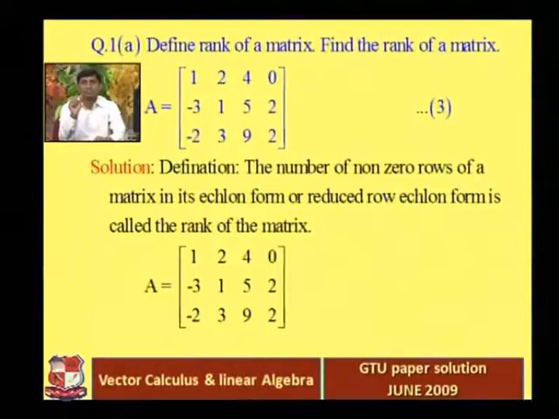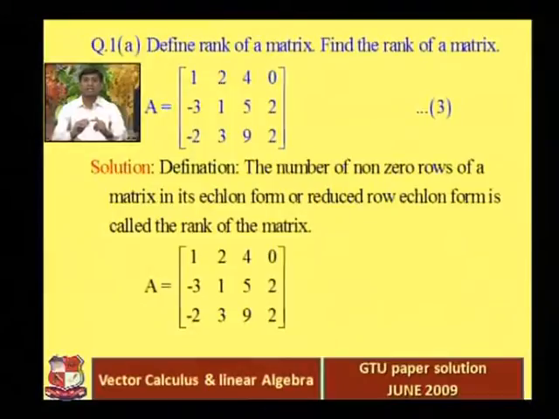The first condition is about the leading entry. Now what is the meaning of leading entry? The leading entry means the first non-zero element in any row, starting from left to right. That is our leading entry, or sometimes it's called pivot.